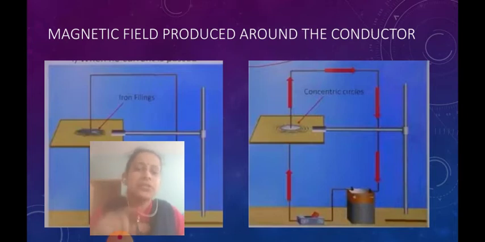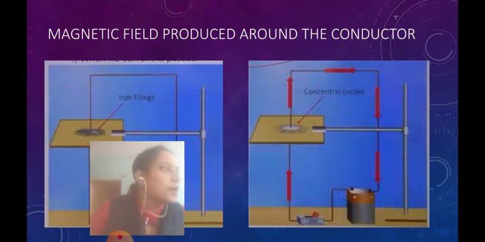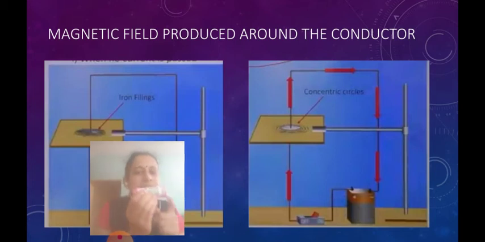So these concentric circles, okay, but still Oersted could not know what was the direction of the magnetic field lines. Now we know that in a bar magnet, suppose this is the magnet, and this is its north, this is its south.